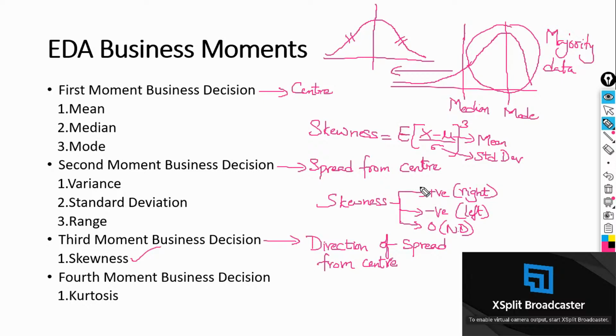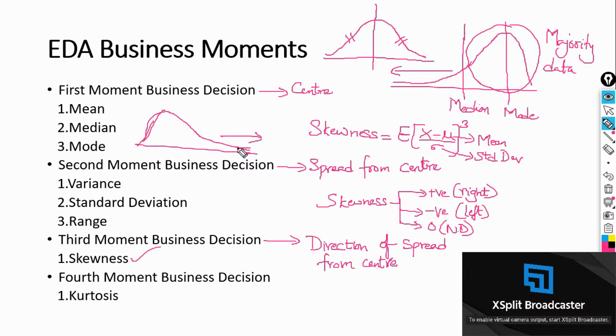Okay, so what is this right skewed data? Right skewed data is the data in which you will find a long tail towards your right side. If you visualize your data, you will find a long tail towards your right side.